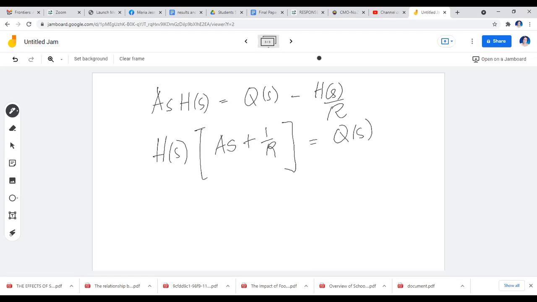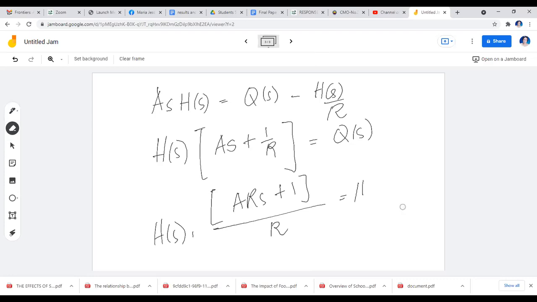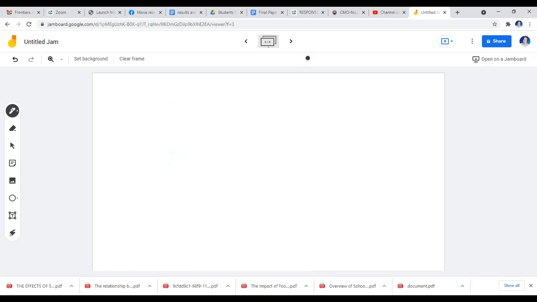Now, if you simplify this, this would be ARS plus 1, all over R, and this is multiplied to H of S. And this is equal to Q of S. So in terms of the transfer function that we'd like to have, output over input, our output here is level, our input is Q of S, changes in the volumetric flow rate of the fluid entering the tank.